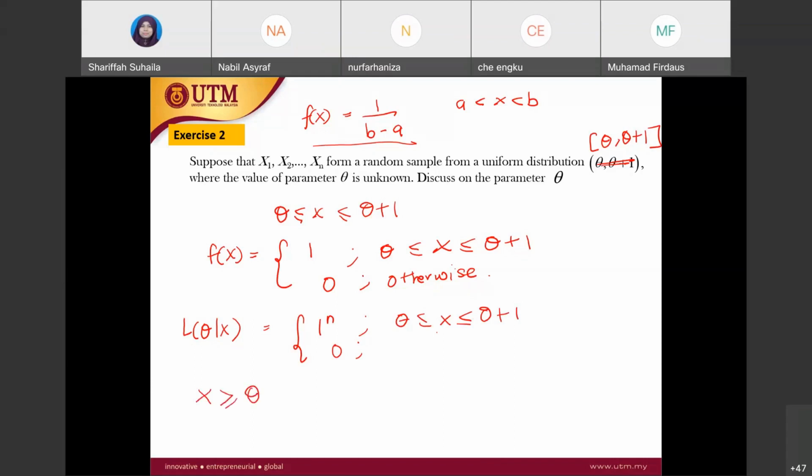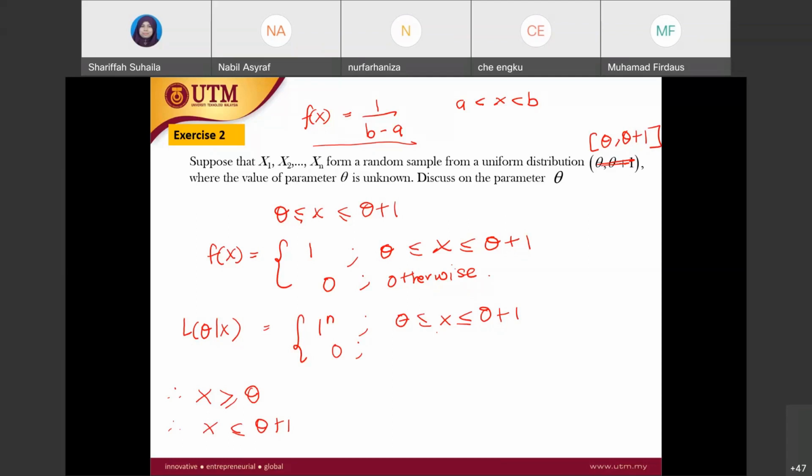The other one we consider is x less than or equal to theta plus 1. For the smallest value, xi must be greater than or equal to theta.